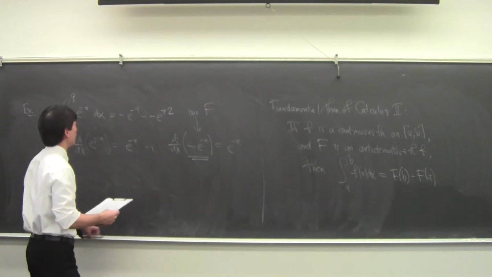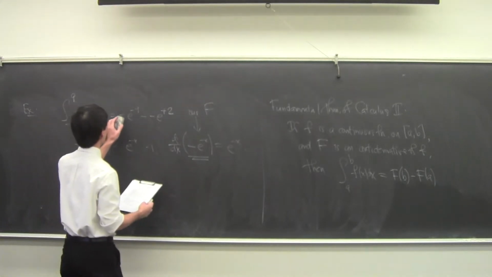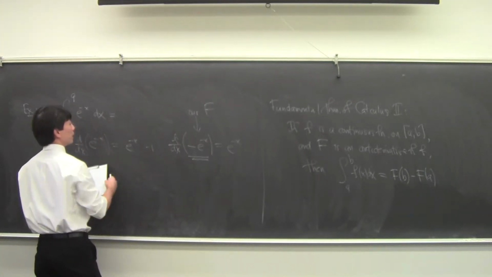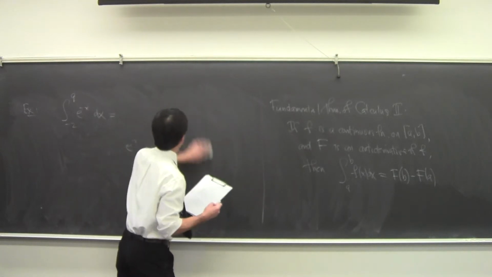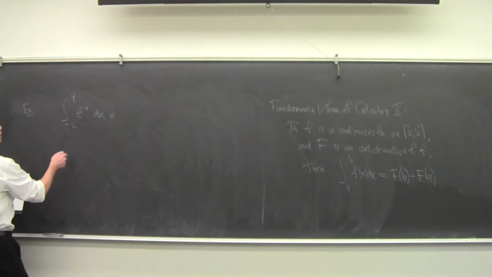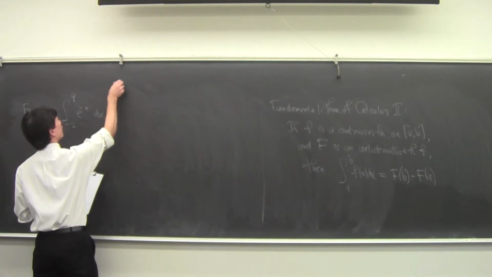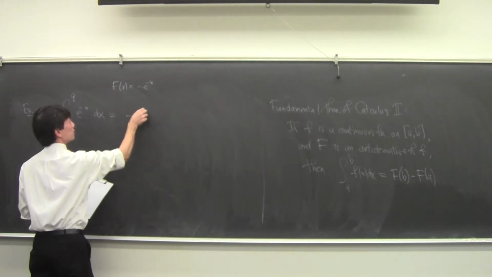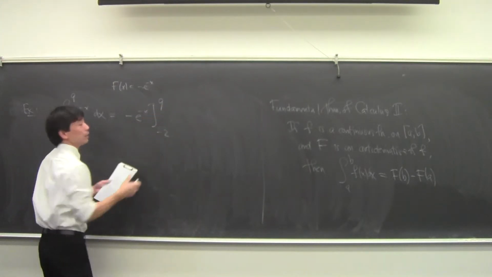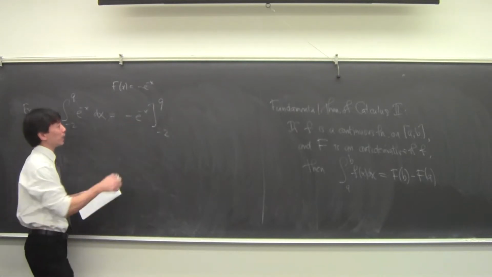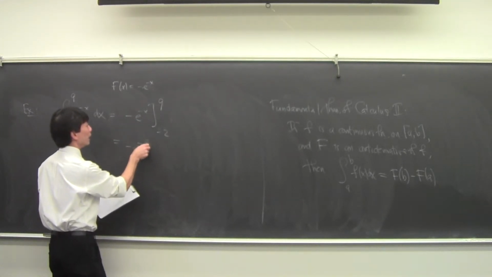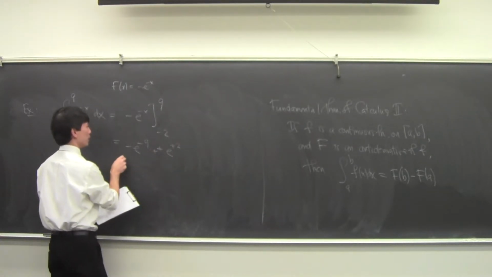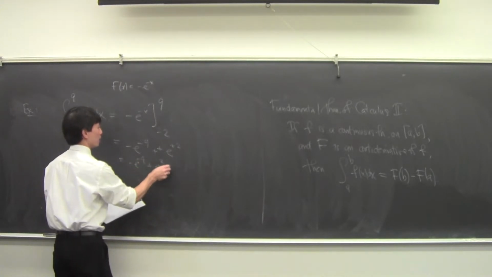People often write it like this: our F is negative e to the negative x, and they use this notation. What they mean by this is negative e to the negative 9 minus negative e to the plus 2. So you get negative e to the negative 9 plus e squared.